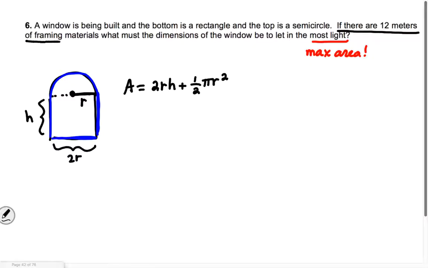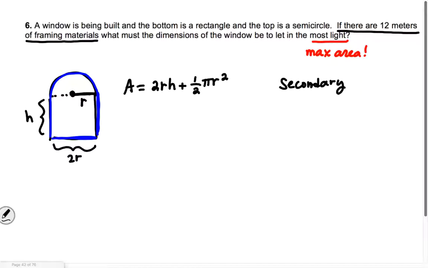If there are 12 meters of framing materials, that's our secondary equation. So that's kind of like the perimeter. It's like going around the shape, right? So let's talk about what all these are. 2R plus H plus half the circumference plus another H, right?